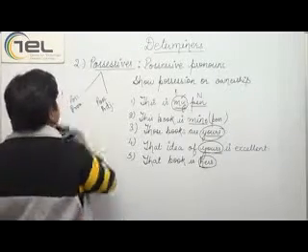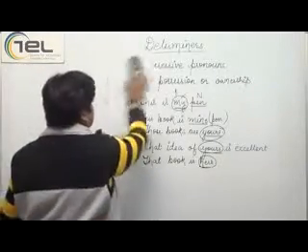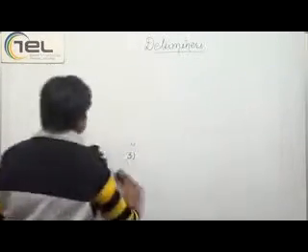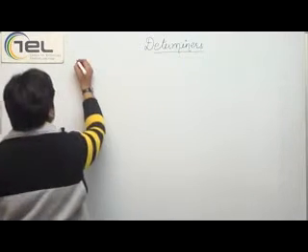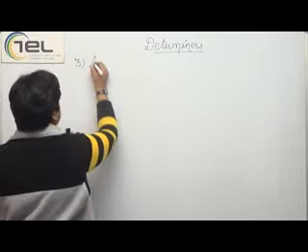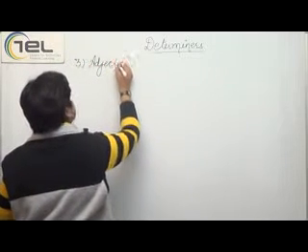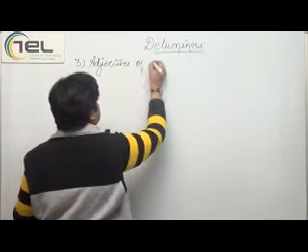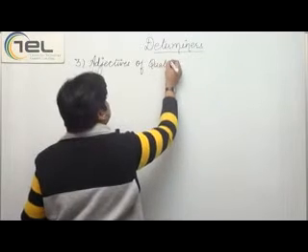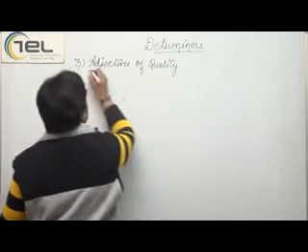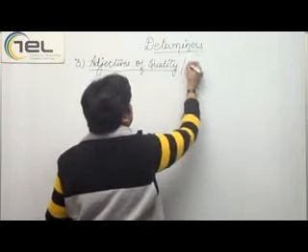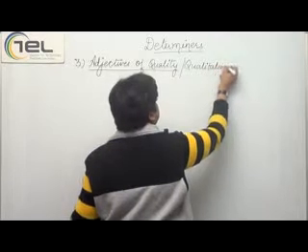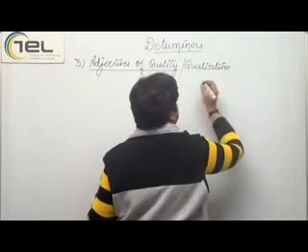Let's come to the next classification, and that is adjectives of quality. Now adjectives of quality, they are also called qualitatives, right?